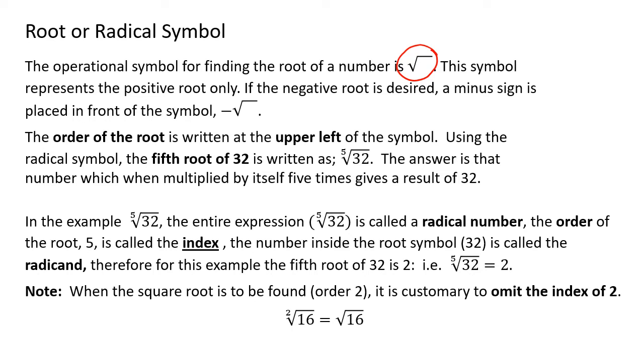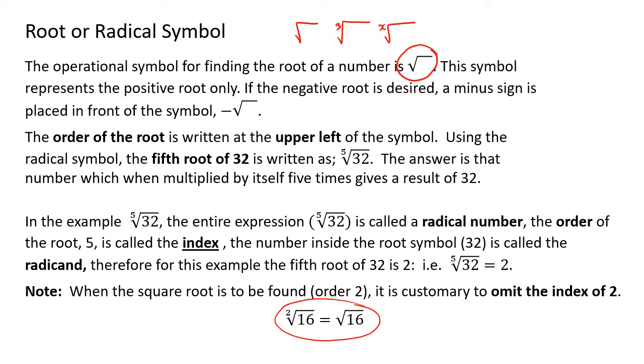Oftentimes, you'll see that sign on your calculator, and you'll usually see a couple options. The root sign, which is just the square root. We'll talk about that in a second. Oftentimes you'll see another button for the cube root or the third order root, so it has the number 3. And then you'll see another button with just an X here.